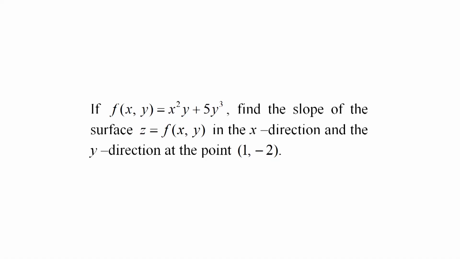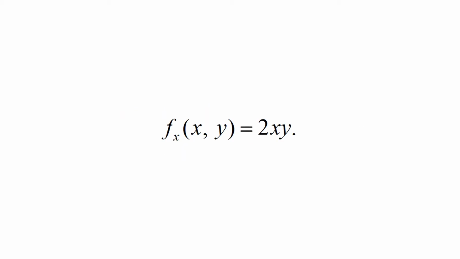As an example, if f(x, y) = x^2 y + 5y^3, we find the slope of the surface z = f(x, y) in the x direction and in the y direction at the point (1, -2). Here f_x(x, y) = 2xy.